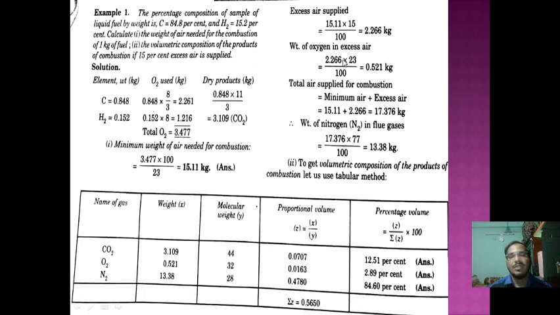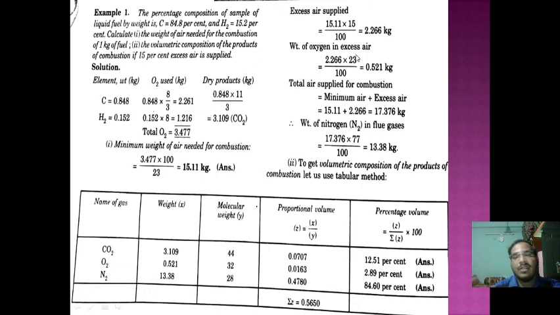Weight of oxygen: if we want to find the weight of oxygen, again we have to check, because with excess air the oxygen weight will be different. As per the standard air weight, the oxygen weight is this one only. If excess air is there, the excess air weight will be separate.